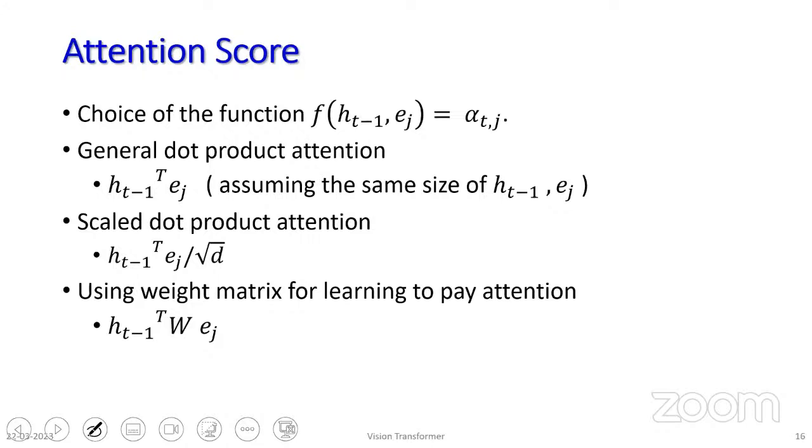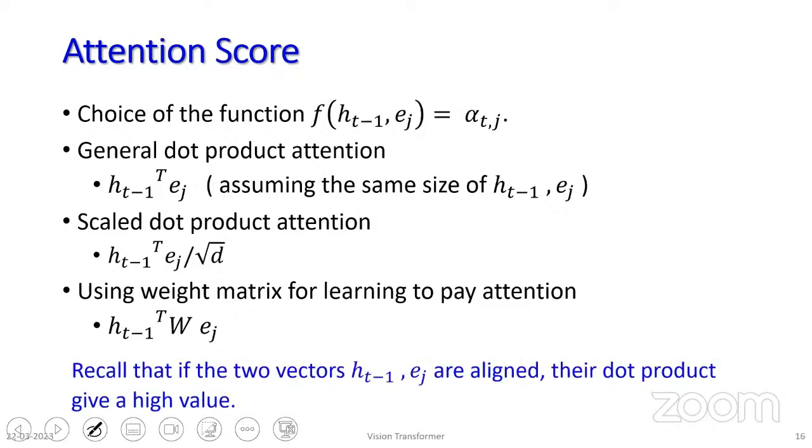So they first take a weight parameter matrix and apply it on e_j, then they take the h_{t-1} transform and take the dot product. So it is also a kind of dot product attention, but here it is a learned attention mechanism score that we will be using.